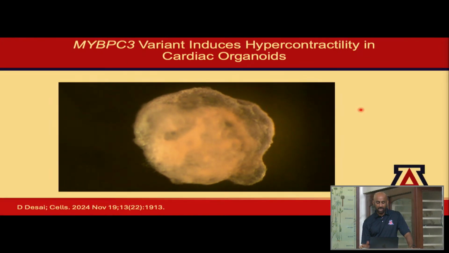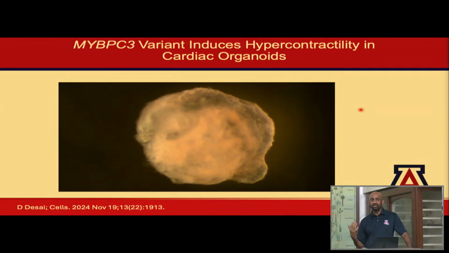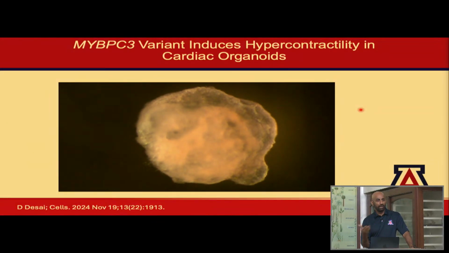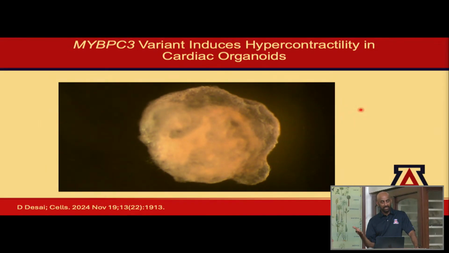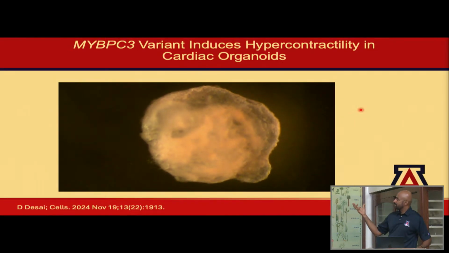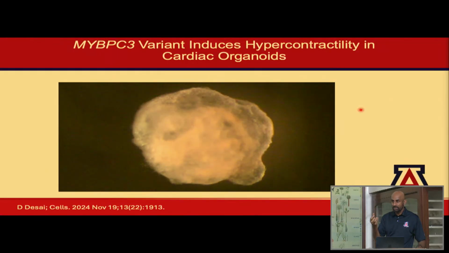Now we have this organoid model. We have iPSC derived cardiomyocytes from patients or subjects carrying the variant, and we can convert them into small spherical organ-like structures.